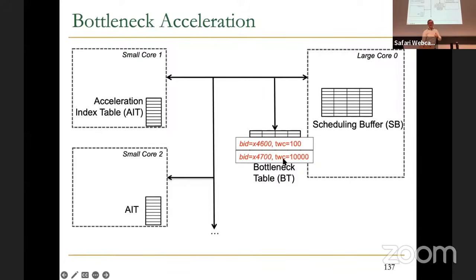Whenever the bottleneck table identifies that a particular bottleneck ID should be accelerated remotely, it sends a message to all of the acceleration index tables saying that this should be accelerated remotely. Meaning the default is local execution unless you find it in your acceleration index table, right? This way you don't need to communicate too much, hopefully, with the bottleneck table. And that reduces the bottleneck table from becoming a bottleneck by itself.